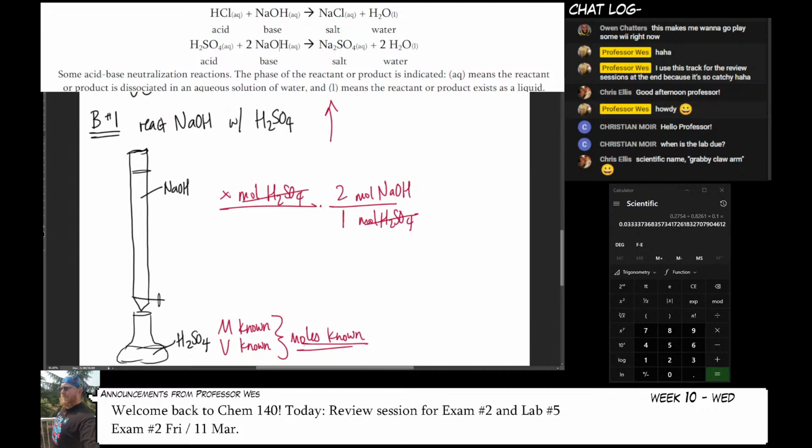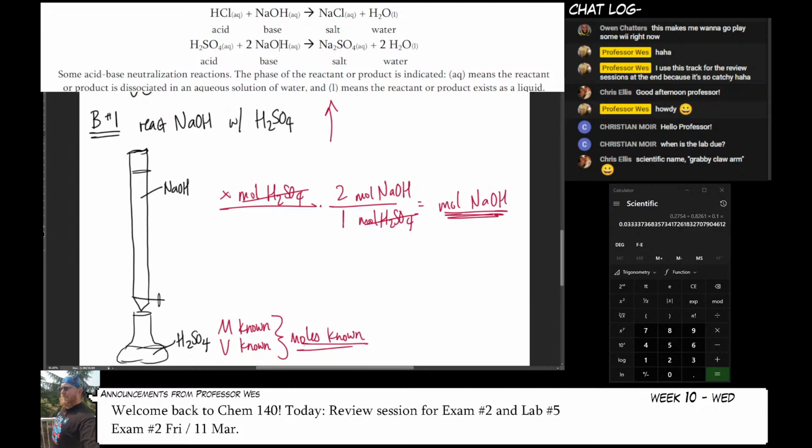Because for every mole of sulfuric acid that's in there, you would need 2 moles of sodium hydroxide to titrate it. And that would tell you the number of moles of sodium hydroxide that would be used in this reaction.